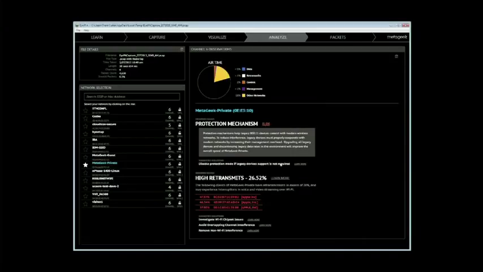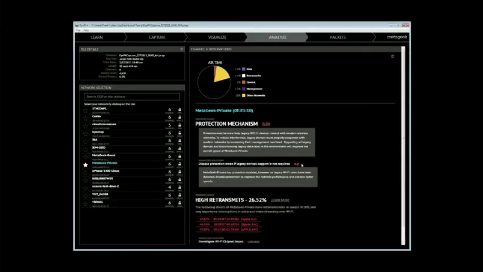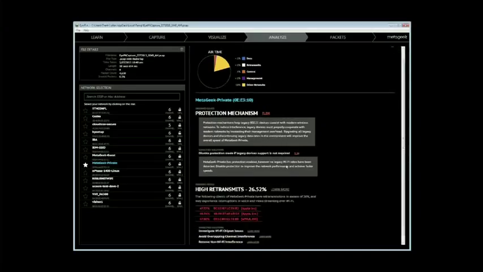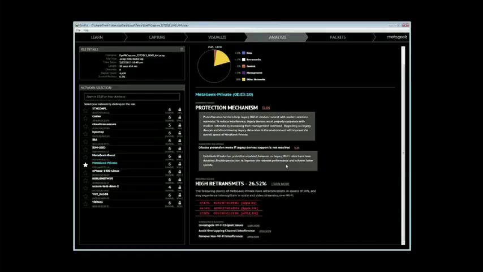So sometimes you may have it on, you may have it off. We'll look at it and we'll tell you if it's on or off, and we'll tell you what we see. And we'll actually alert you if we see legacy data rates or legacy devices. So right now it says disable protection mode if legacy device support is not required.